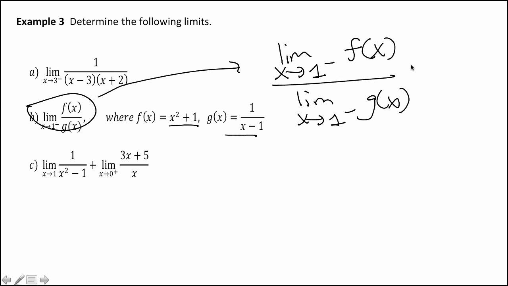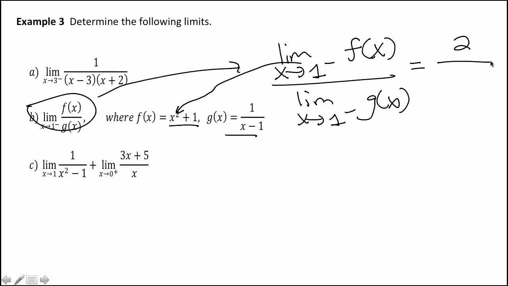Okay, so let's evaluate the numerator first. If we do 1 from the left side, for the numerator, we simply plug in 1 for x, right? So therefore we get 1 squared plus 1, which is 2. So we have 2 for the numerator.